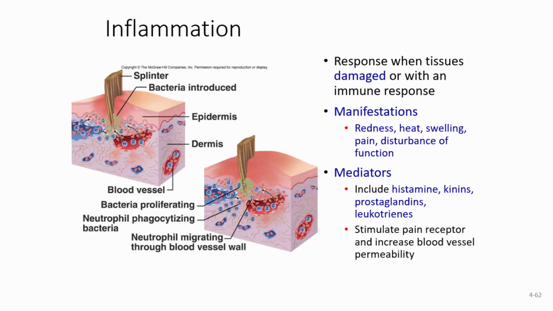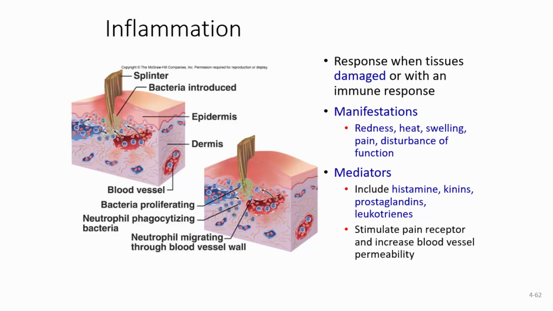If the capillaries are dilated, so there's more blood flow to the area, what's the appearance going to be? Red, right? So that's where the redness comes in. It's also going to be a lot warmer because of that extra blood flow, so there's going to be heat. Since the histamines also make you leaky, a lot of the fluids are going to leak out of the capillaries into the tissue and cause it to swell up. So the histamines cause the redness, the heat, and the swelling.